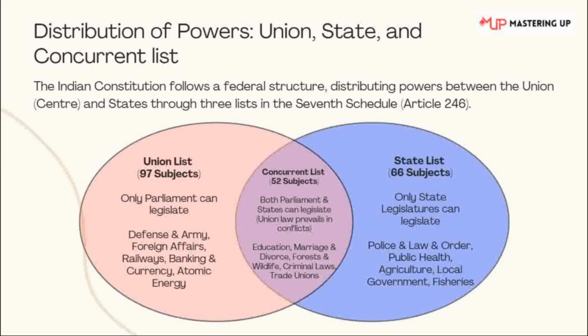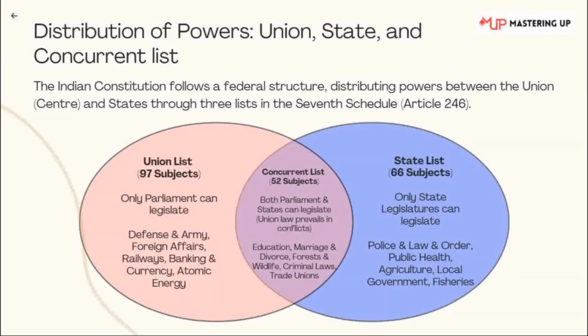The union list has 97 subjects. The parliament has supreme power over the items on this list. The union list deals with nationally important subjects like defense and army, foreign affairs, railways, banking and currency, atomic energy.